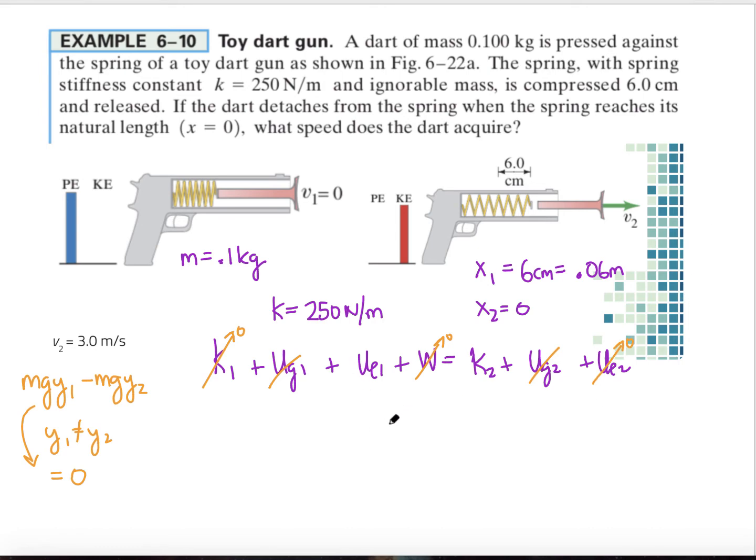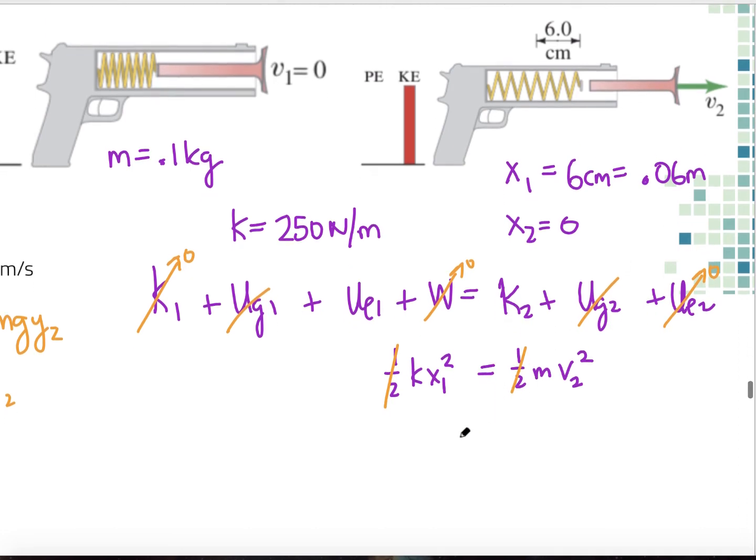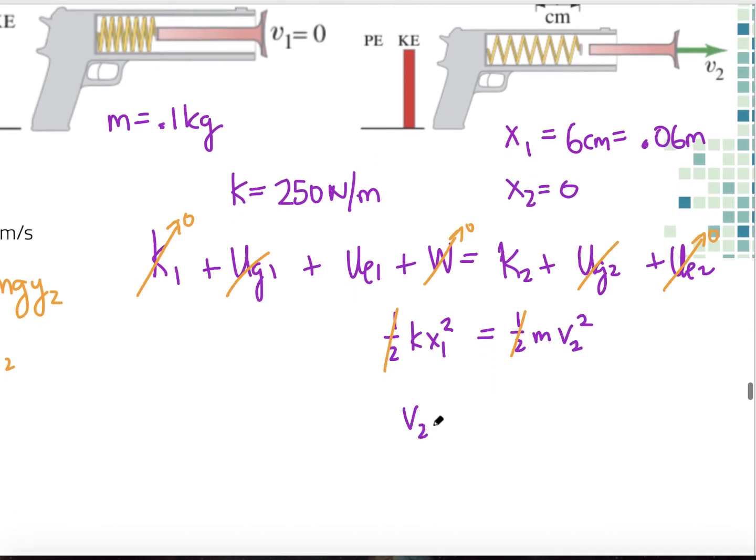So all we have now is elastic potential energy and kinetic energy. We have 1/2 times k times x1 squared equals 1/2 times mass times velocity 2 squared. Simplification allows us to get rid of our 1/2, and we're solving for V2. Just divide by mass and square root, so V2 is the square root of k over m times x1 squared.